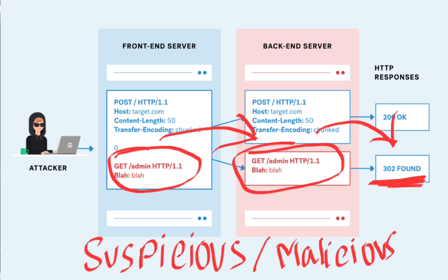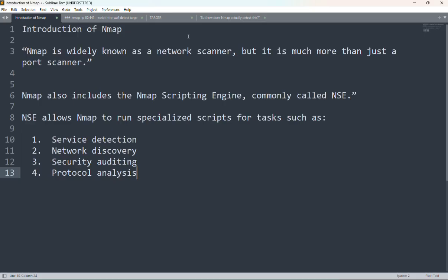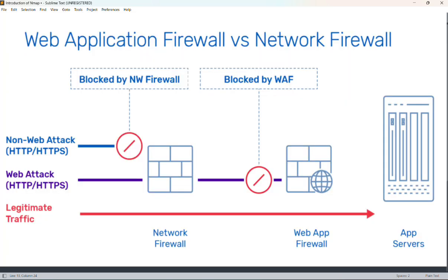If the request has something malicious, the WAF can block it or challenge the client. A WAF operates at the web application layer, unlike a traditional network firewall that primarily filters traffic based on network level information.